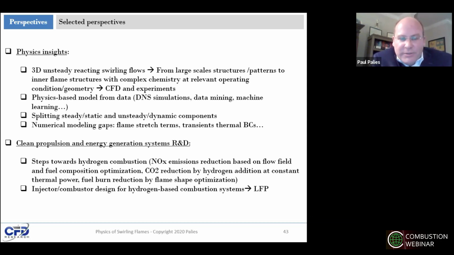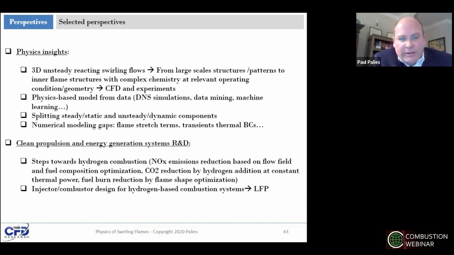The flame stretch is a combination of 15 terms; how each of these terms impacts the flame speed, for example, or impacts the flame structure. The need of transient thermal boundary conditions and their impact on the flow field should be looked at.